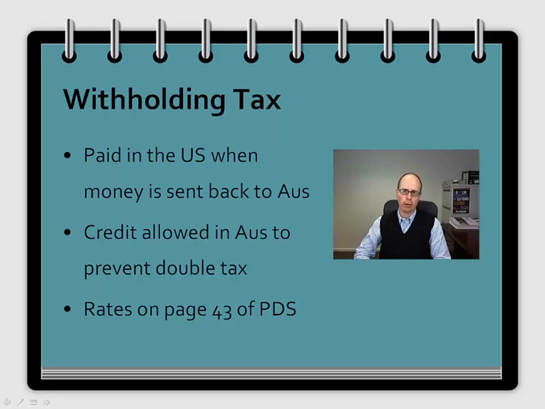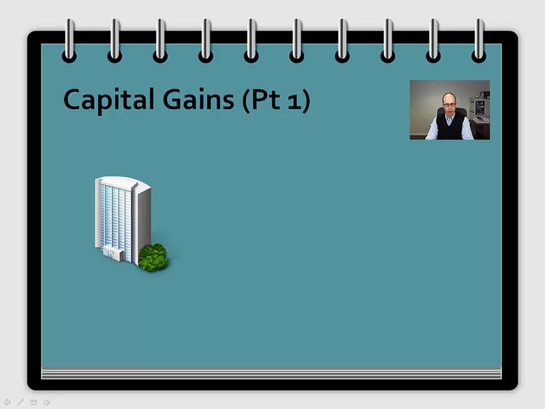Now, to avoid double taxation, you are allowed in Australia to claim a credit for any withholding tax that has been deducted on that money to ensure that you aren't double taxed. So practically then, you will declare in your income tax return the income that you receive by way of distribution, and you will get a credit for any withholding tax that has been deducted on that distribution. So that's the income side of things.